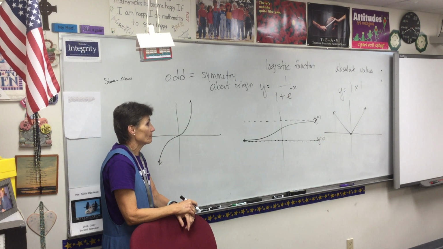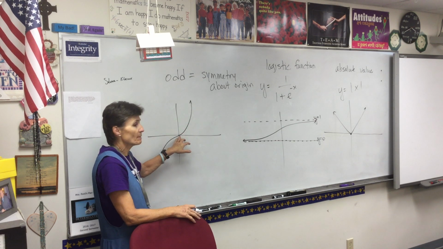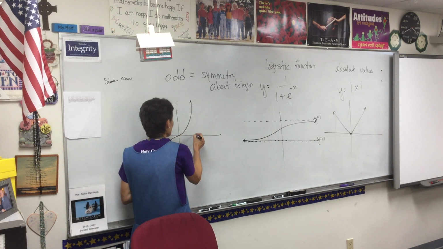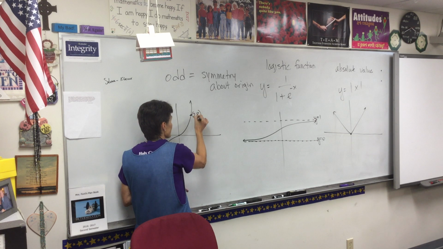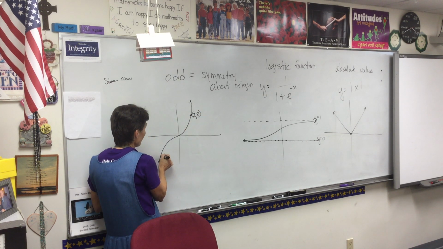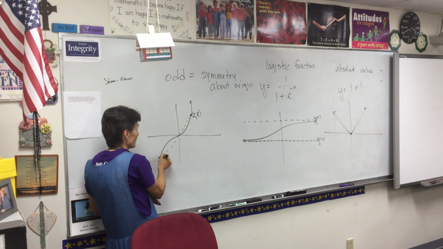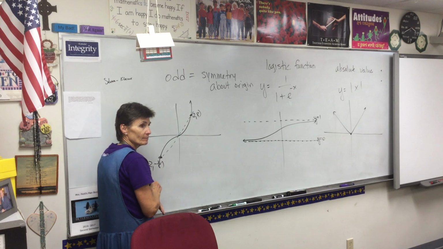That's the cubing function. That is an odd function because it has symmetry about the origin. What that means is, let's say this right here is the point (2, 8). Guess what point this is right here? If I fold it right across the origin, guess what point that is? (-2, -8).